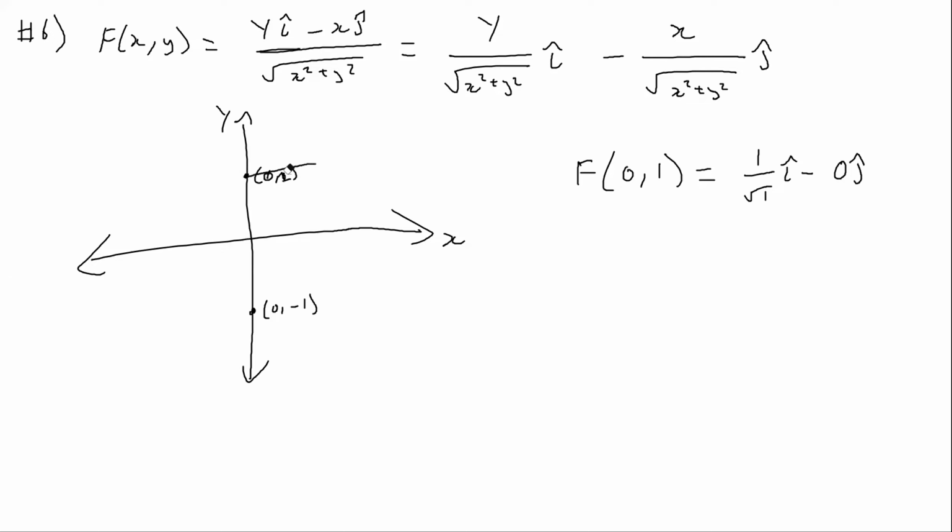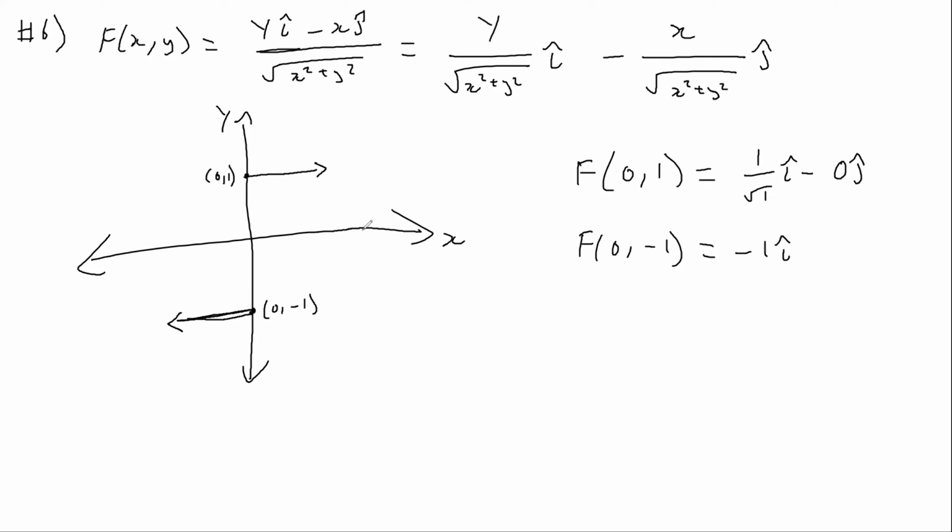For (0, -1), since y is -1, F(0, -1) is -1 i hat, so it's going in the negative x direction with a magnitude of 1. All right, so this is (0, 1).